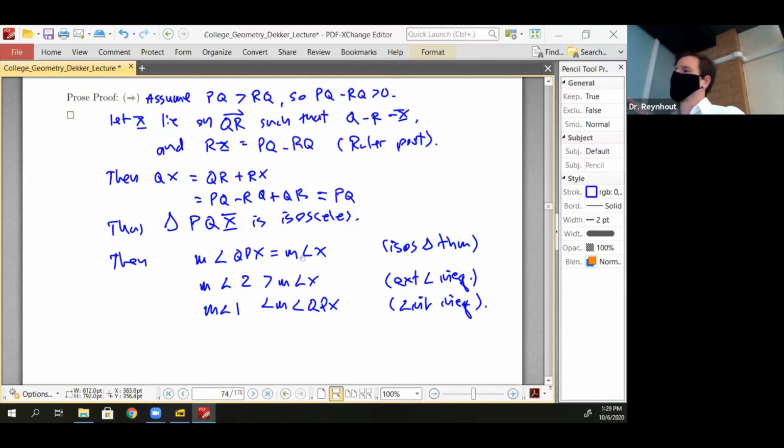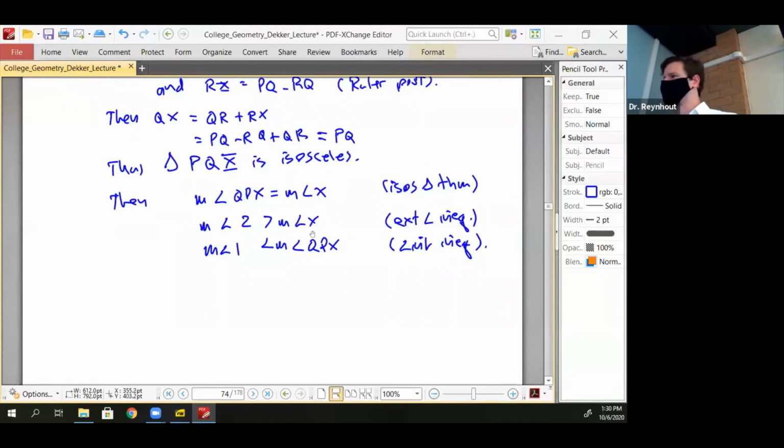Now with these equalities and inequalities, I come up with a nice string. So we have the measure of angle 2 is larger than the measure of angle X, which is equal to the measure of angle QPX. So I started with the middle line. Measure of angle X is equal to the measure of angle QPX.